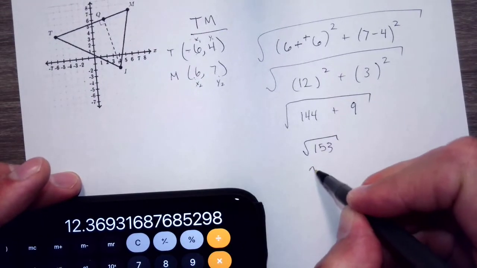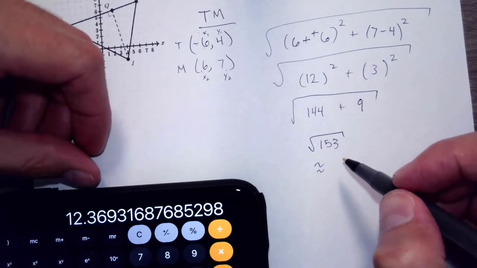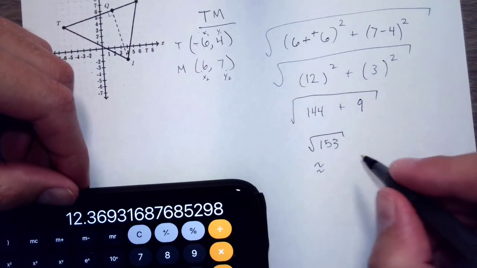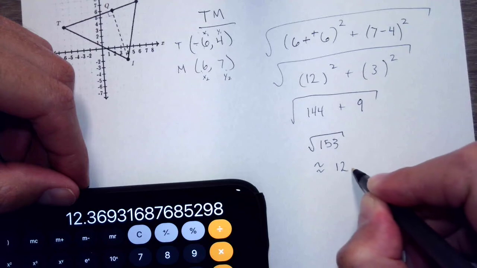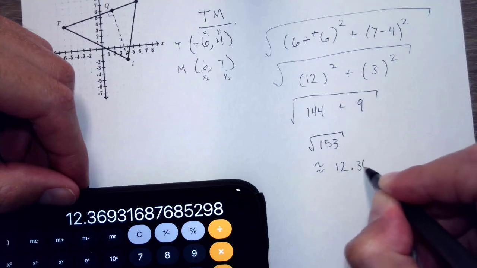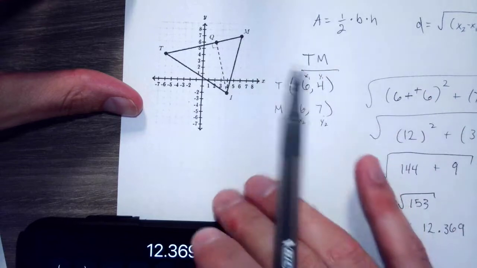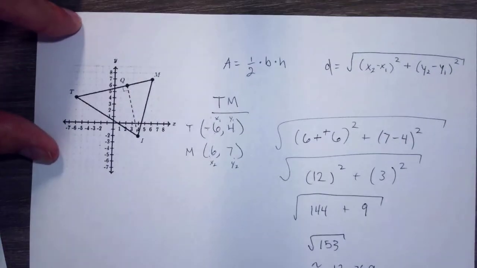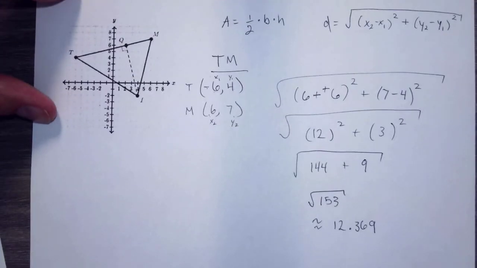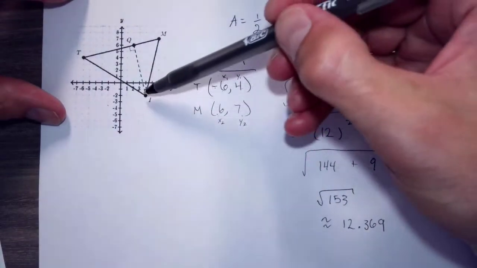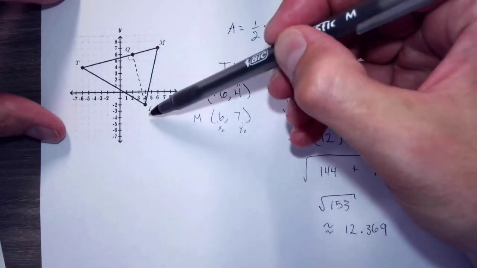And I get roughly, I'll use 3 decimal places, 12.369. So that's what this distance is. So I'm partway there. All I need now is my height, and then we'll multiply together. So that's TM. Now I need the distance QI.